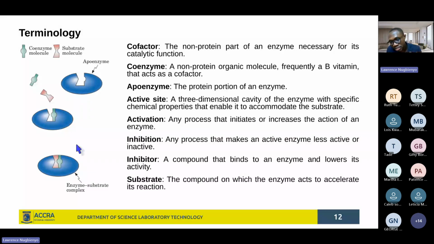Then the substrate is the compound, the substance on which the enzyme is acting to accelerate its reaction. That's the substrate.